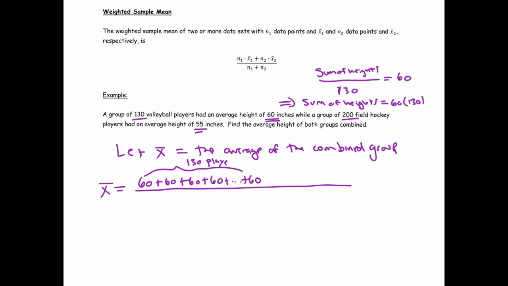You can just pretend that they all had the same height, which is 60 inches. Therefore, the average would also be 60. And then we'll similarly add in the 200 field hockey players. Since their average height is 55, we can just imagine that each player has a height of 55.